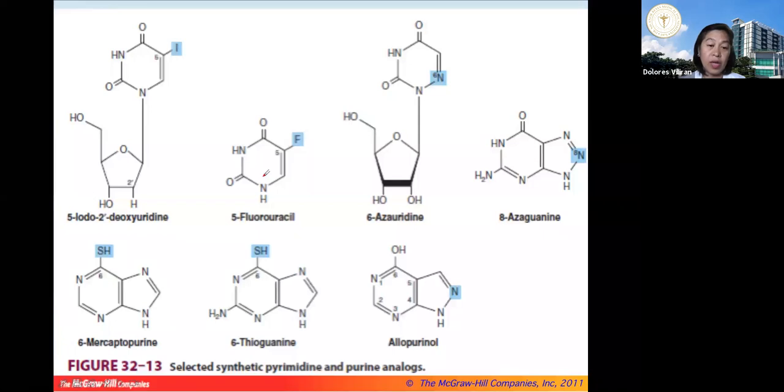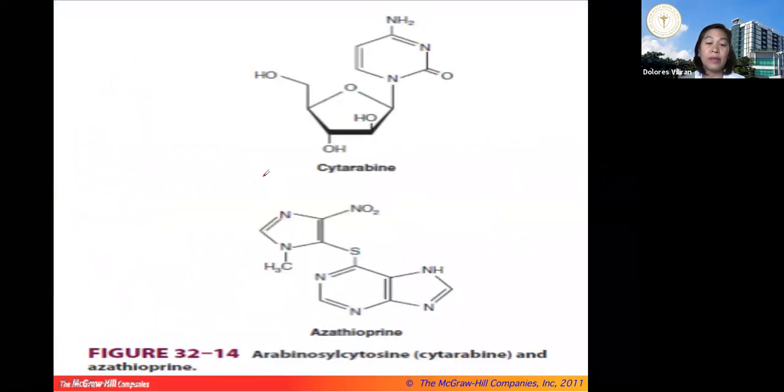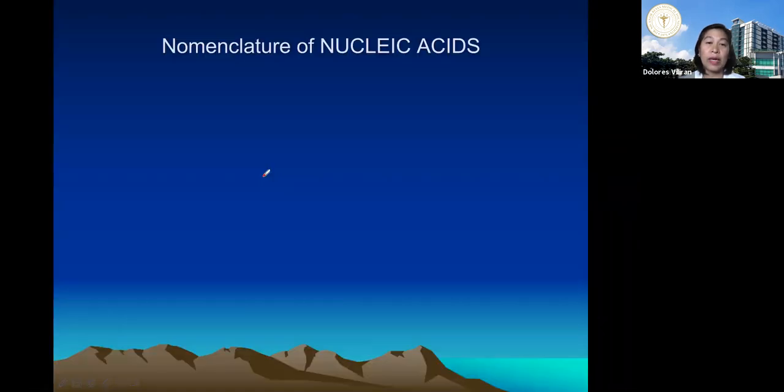And that is usually the goal in chemotherapy, to kill the cancer cell by adding false nucleotides. And these are the false nucleotides added during DNA synthesis in a cancer cell. This is another drug, an antiviral drug, arabinosyl cytosine or cytarabine, and azathioprine. And they are look-alikes of nucleotides.